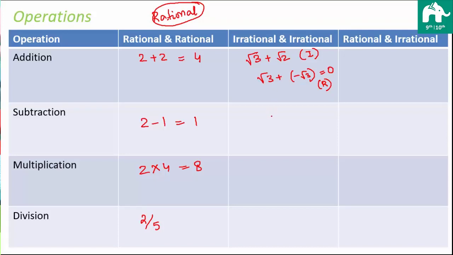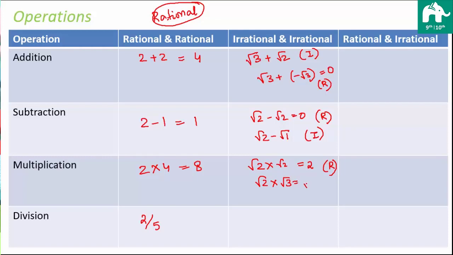Let's talk about subtraction. So in subtraction, root 2 minus root 2 will give 0, which is a rational number. But root 2 minus root 1 is an irrational number. Let's move on to multiplication. Root 2 multiplied by root 2 will give 2, which is a rational number. But root 2 multiplied by, let's say, root 3 will give root 6, which is an irrational number.